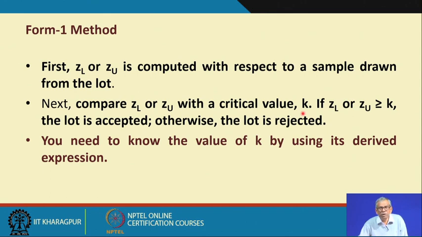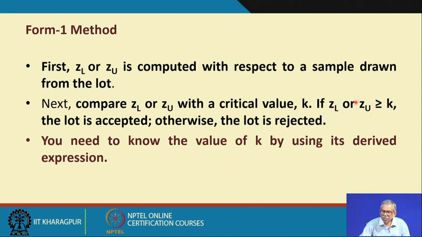Now what will be the mathematical expression for k, or how do you derive the expression for k? We are going to discuss it very soon. The critical value is known. While you design a sampling plan, ultimately you need to know the sample size and the value of k. These are the two parameter values in the form 1 method. So what do you do first? With x bar, with L, with sigma, you calculate ZL or ZU.